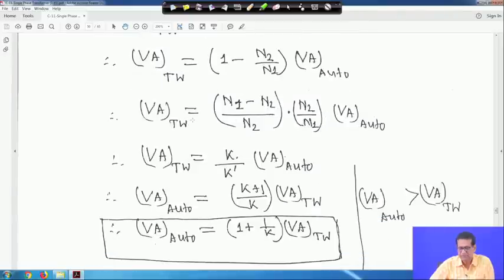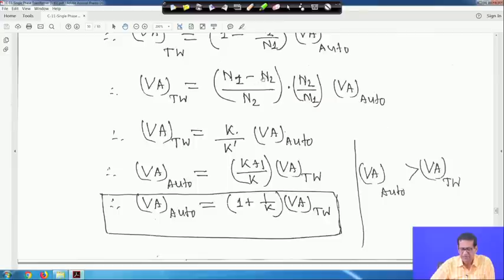Therefore, if you simplify all these things, we have (N1 minus N2) upon N1. So, multiply the numerator and denominator of this term by N2. Therefore, you can write (N1 minus N2) upon N2 into N2 upon N1, VA auto, right.